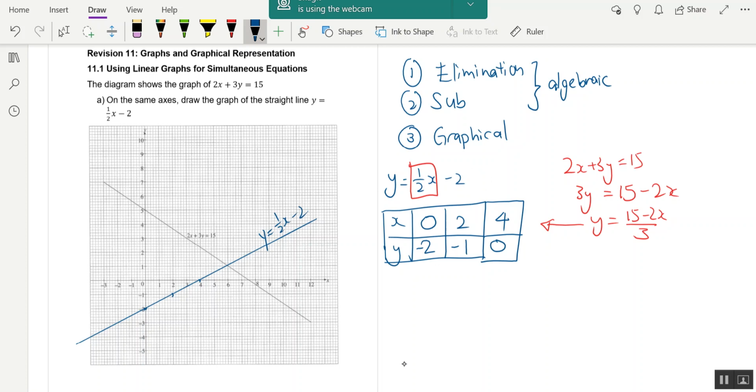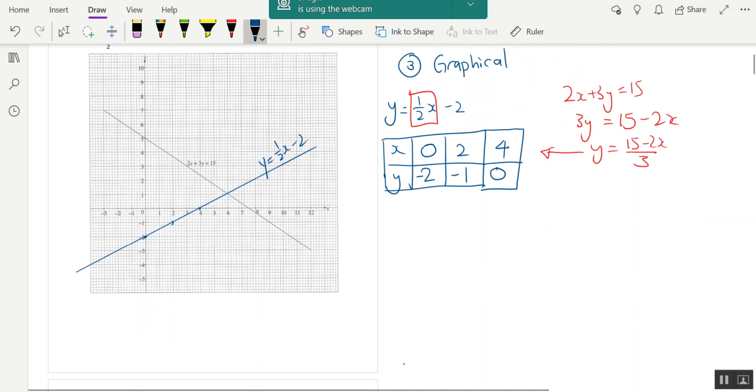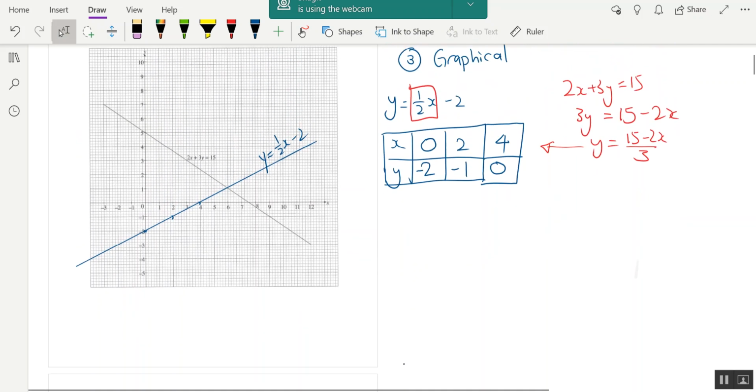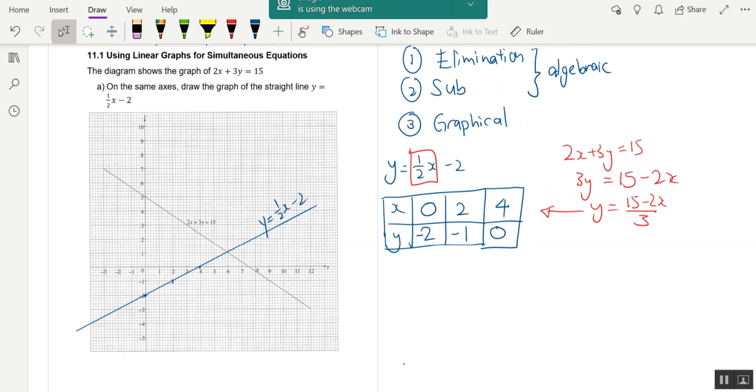Always label your equation. Then next they will ask you to use your graph to solve the simultaneous equations of these two. Very nicely, these two happen to be the first graph that you have, and this is the second graph that you have. So the solution, you have to write from the graph, is always the point of intersection.